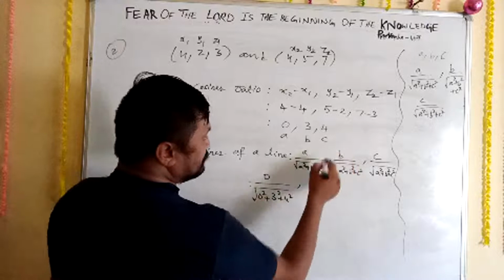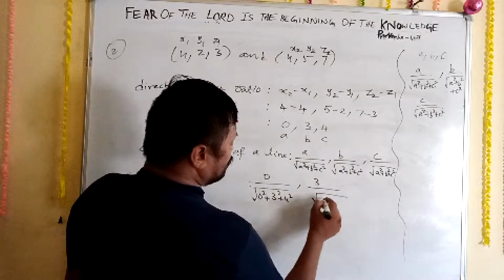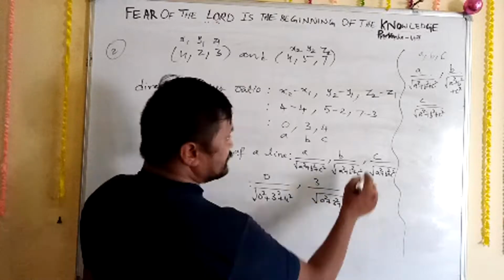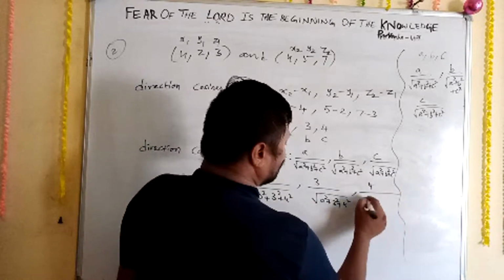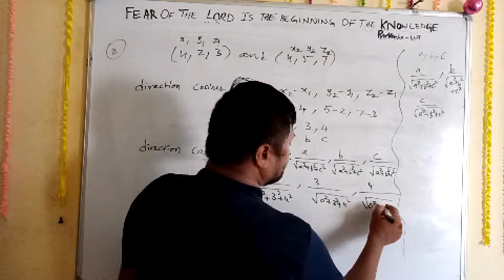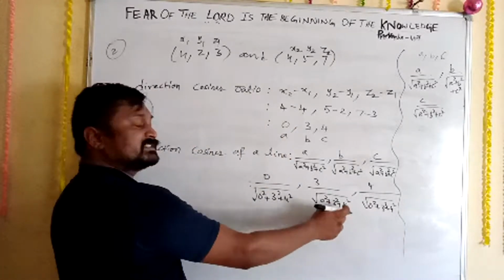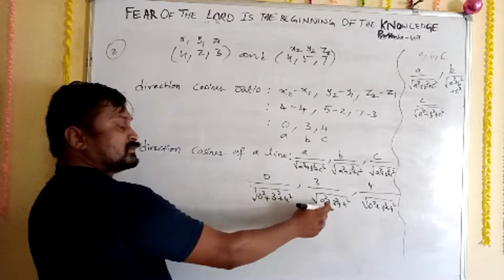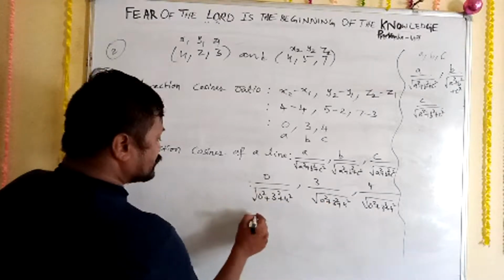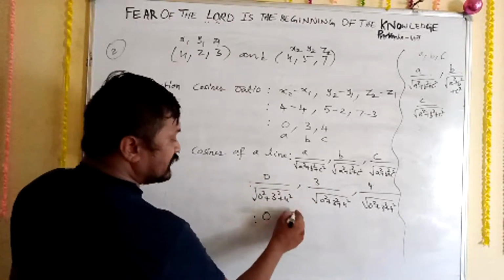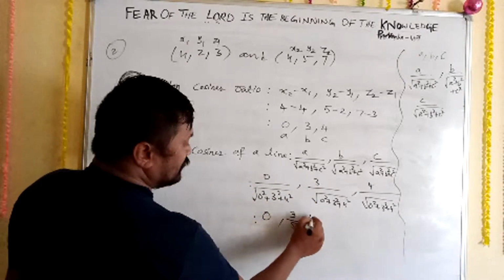Here B is 3 upon square root of 0 square plus 3 square plus 4 square. And next, 4 upon square root of 0 square plus 3 square plus 4 square. 3 square is 9, 4 square is 16, 16 plus 9 is 25. So root 25 is nothing but 5. Therefore 0 upon any number is 0, then 3 upon 5, 4 upon 5.